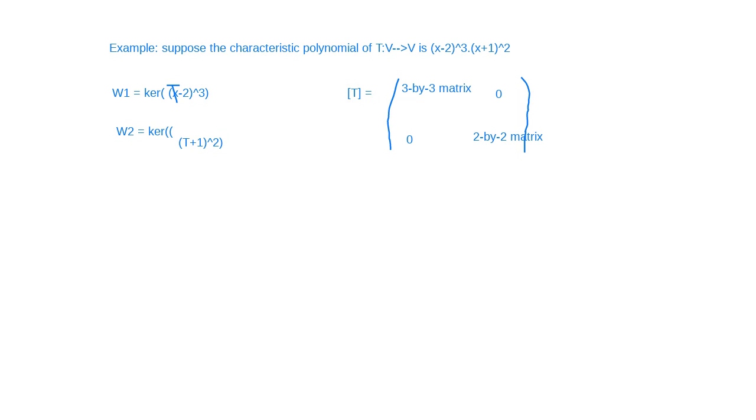And then even better, as a corollary, if the characteristic polynomial of T has no repeated roots, then T is diagonalizable.